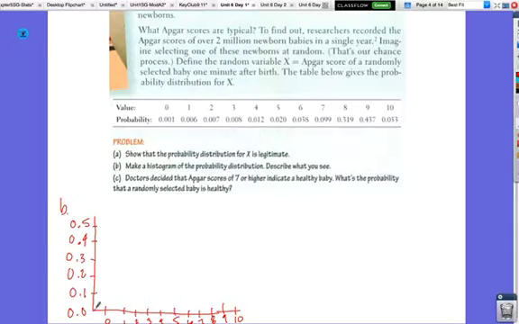For 0, the probability is 0.001, so it's barely even there. For 1, it's 0.006, so we can sort of see it a little bit. For 2, it's a little bit bigger than that. And for 3, it's a little bit bigger than that.